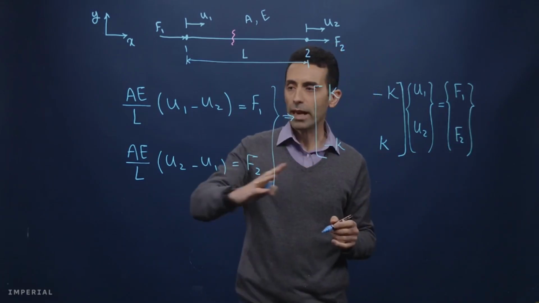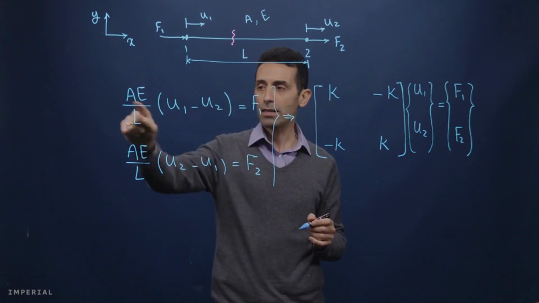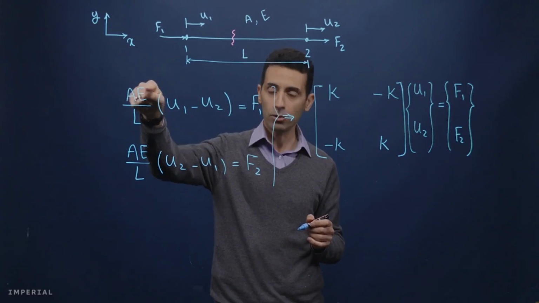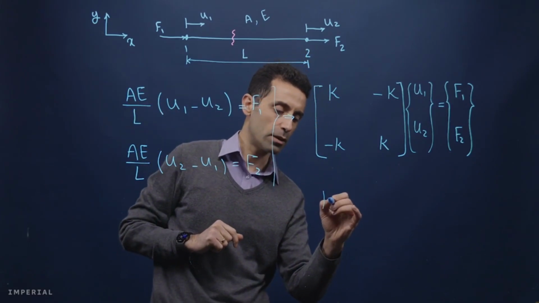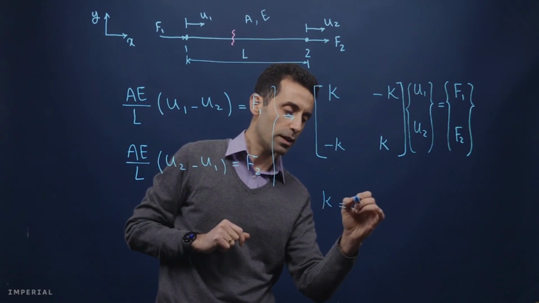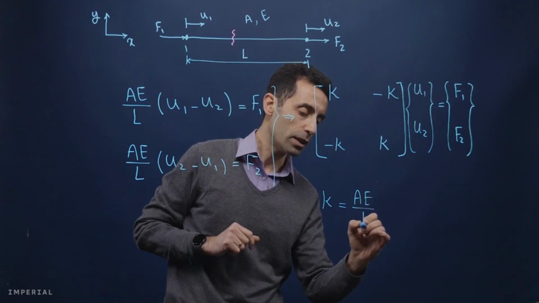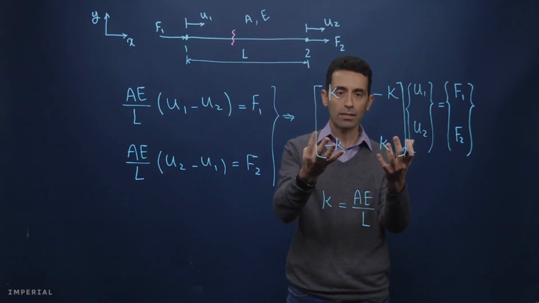So what is K? You can now easily imagine. K is A, which is cross-sectional area, times elastic modulus divided by the length of the element. So I write it here. K equals A, E divided by L. Well, I think this is now really nice and beautiful, right?